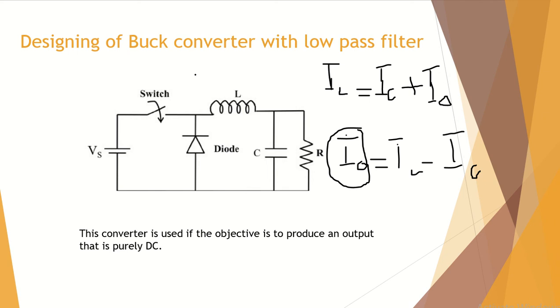So what will happen when the switch is closed? When the switch is closed, the value of the inductor current is small. IL is small because it has discharged in the previous off time. So what will happen? The capacitor will provide this current IC in order to maintain a specific value of the I naught.